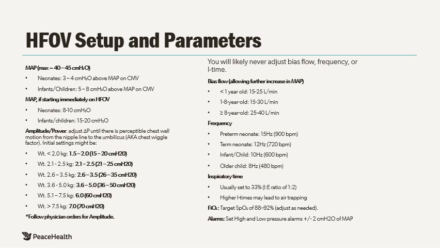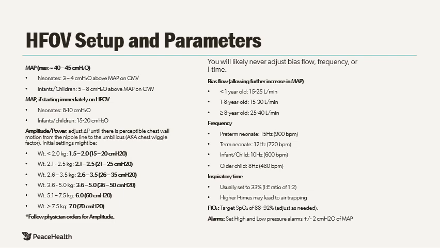This is typically set 3 to 4 centimeters above MAP on conventional mechanical ventilation in neonates. Our amplitude or power is adjusted until there is a perceptible chest wall motion from the nipple line to the umbilicus, also known as chest wiggle factor. It can be set based on the patient's weight, and in most cases, it just follows physician's orders.